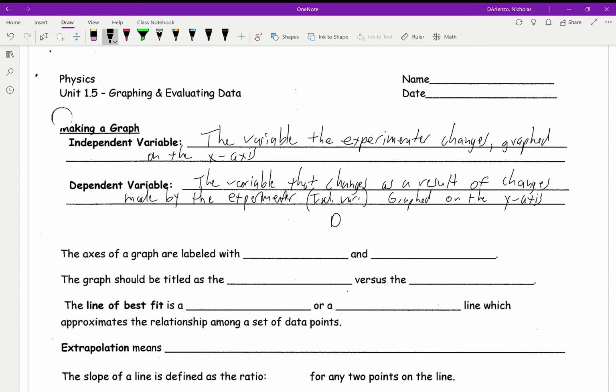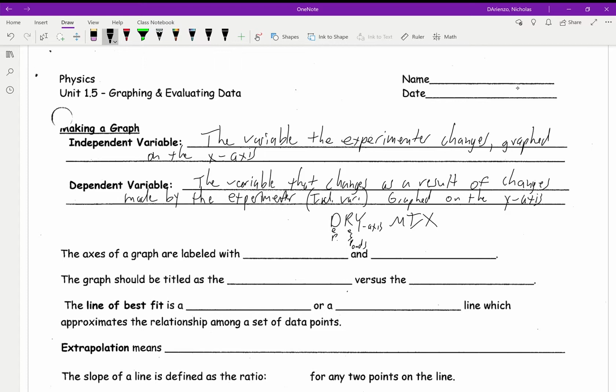And if you remember from a previous class with me, the acronym DRY MIX. DRY stands for dependent, and that responds, on the y-axis.